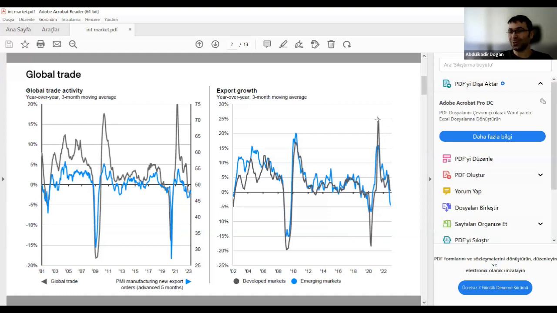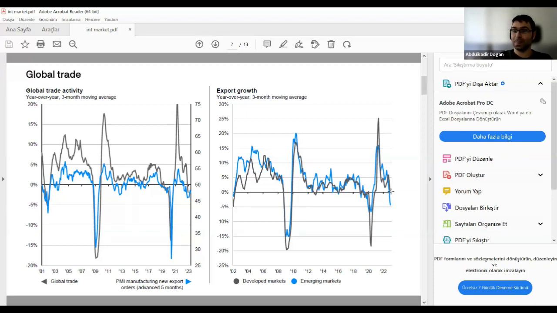Because, as you know, advanced economies are export-oriented economies. They are producing and selling the products. For that reason, any economic cyclicality has a higher sensitivity in developed economies than in emerging markets.